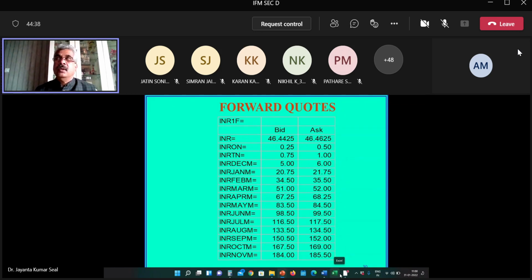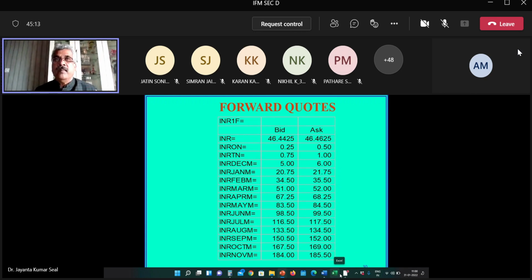Now the question is, every time do you keep on calculating your domestic interest rate as well as foreign interest rate? No. Because the main factor is your spot rate. The domestic interest rate and foreign interest rate are not changing every day or every moment. Today, when the market opens, unless there is a policy change, till the end of the day your domestic and foreign interest rates will not change.